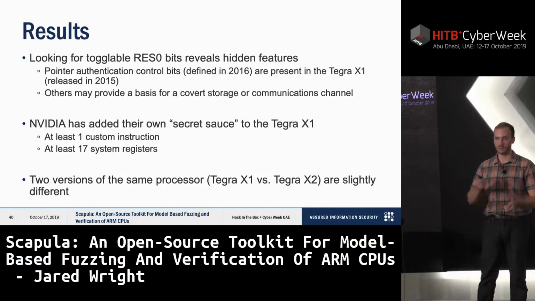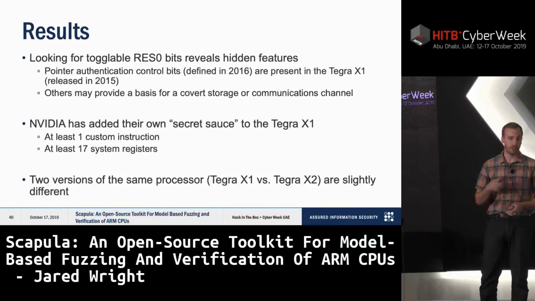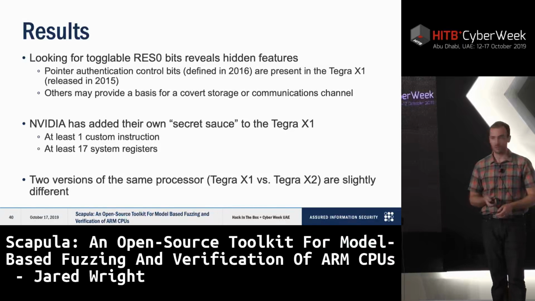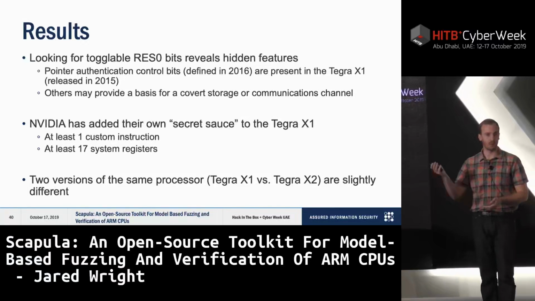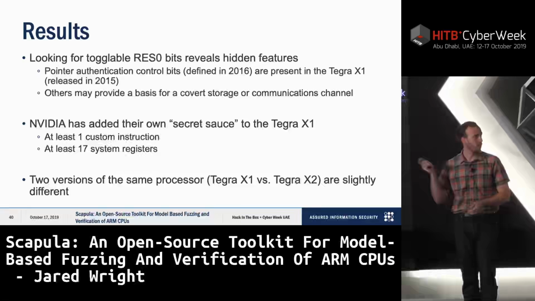You can put information in those bits, and the hypervisor may not know they're even there. If they really are very reliable, that might even open up potential for a communications channel to exist. So if you can store information in a bit the hypervisor doesn't know about, there's a potential that information might leak into another virtual machine running on the same system. So those are important to me.